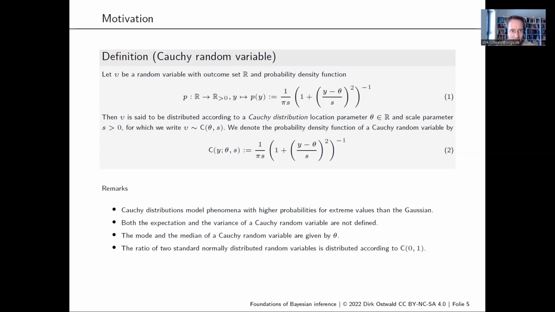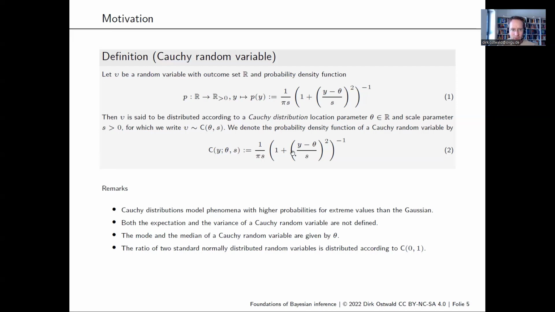So there are so-called Cauchy random variables, which have a specific parametric form. They look a little bit like Gaussians, but there's no exponential in there. So there's this y minus theta. Theta is one parameter here. y is the random variable. There's s, which is a little bit like the variance parameter. And then there's this normalization factor.